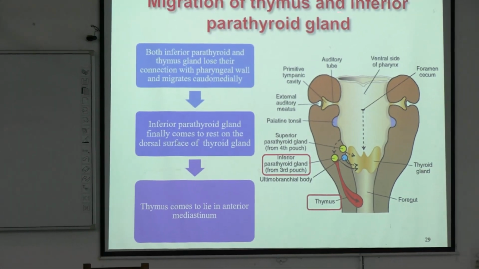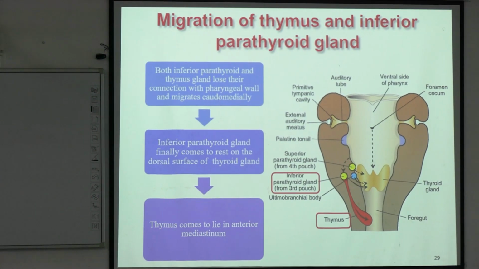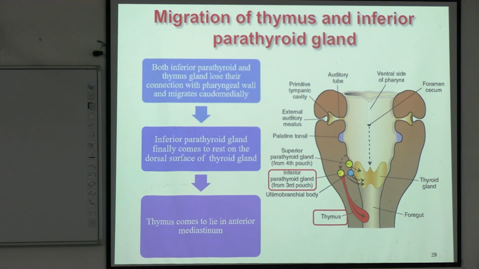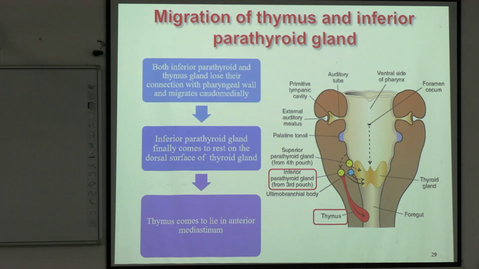Likewise, this particular element, the third pharyngeal pouch, develops into the parathyroid gland and the thymus. The thymus moves down and settles into the thorax, the anterior part of the superior mediastinum. What happens to the other parathyroid?